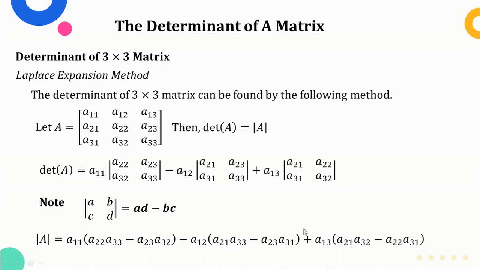So they will have the determinant formula like this, or you just make it easier, remember, from this determinant A, right? Okay, so I hope you understand what I'm explaining about the determinant 1 by 1 until determinant 3 by 3. So now let's jump to the example.